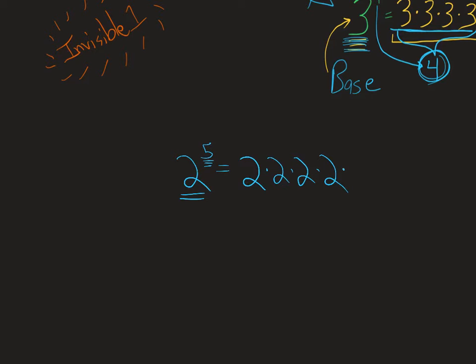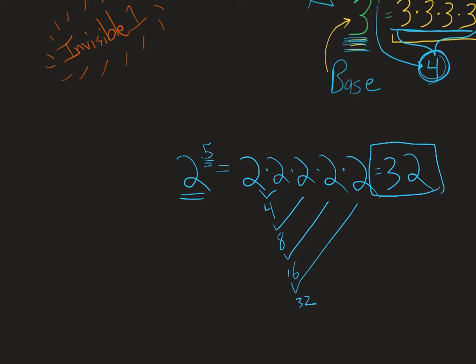That's what we're saying. So that answer, 2 to the 5th, actually equals 2 times 2 is 4, times 2 is 8, times another 2 is 16, times another 2 is 32, okay? So, 2 to the 5th, correctly done, is 32.